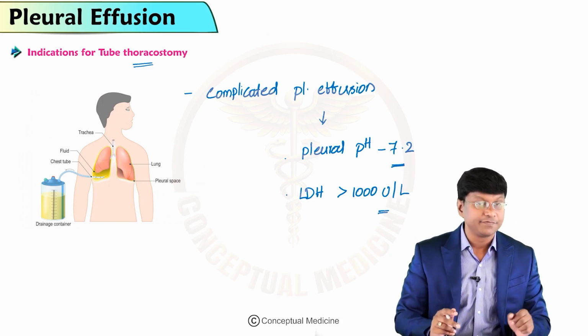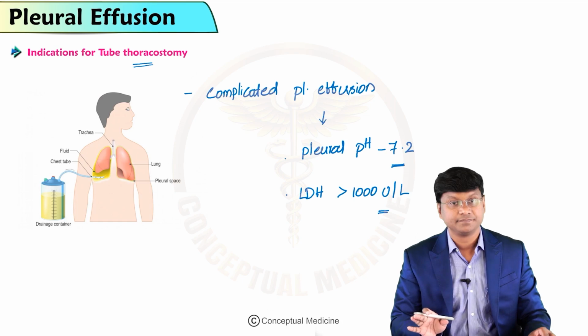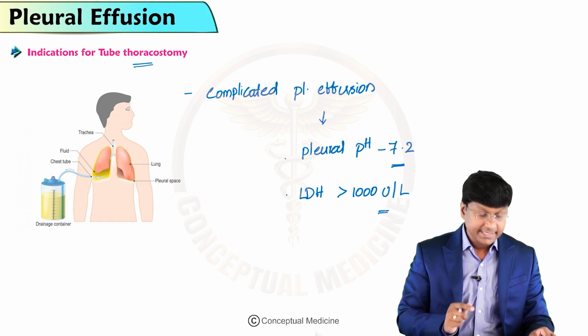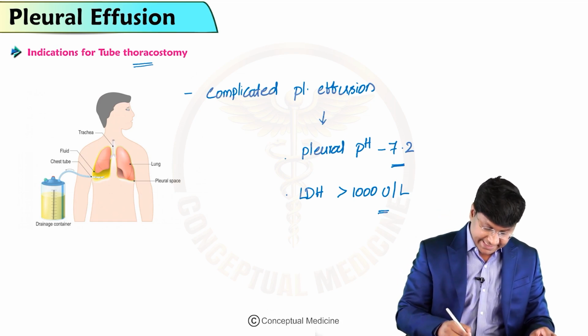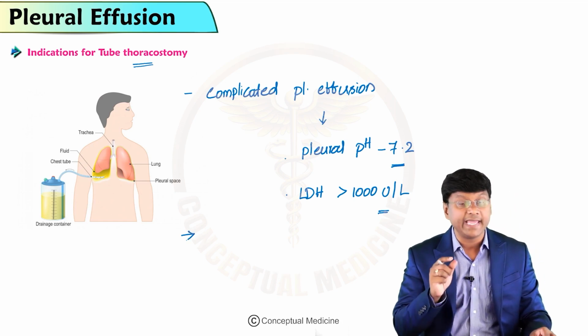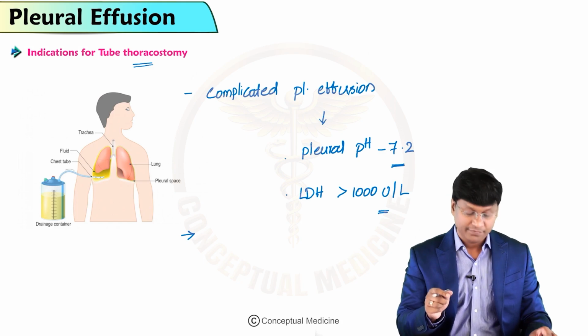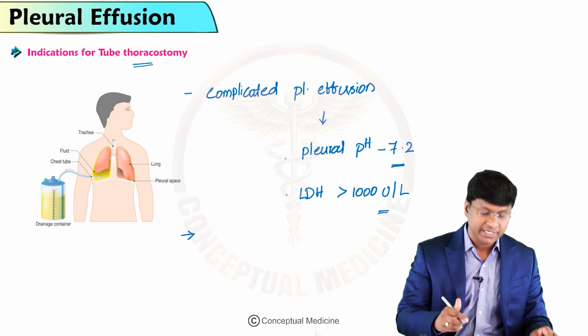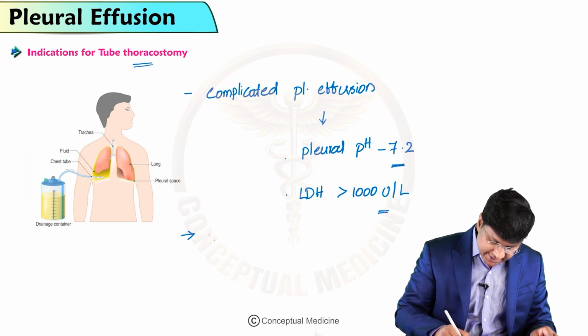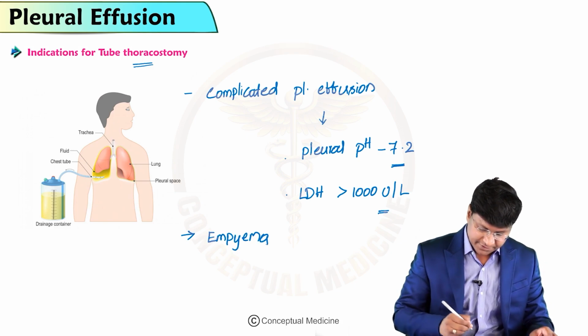That is an indication for tube thoracostomy. The next important indications are the presence of empyema or a complicated parapneumonic effusion. In these cases you have to do tube thoracostomy.